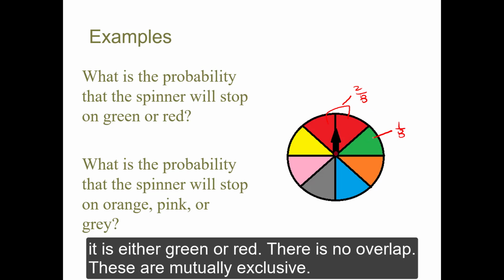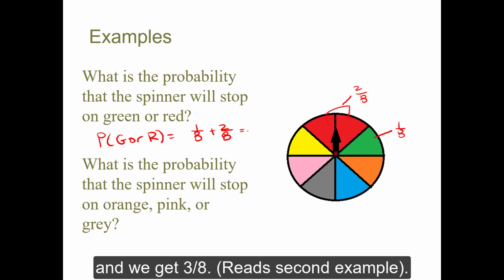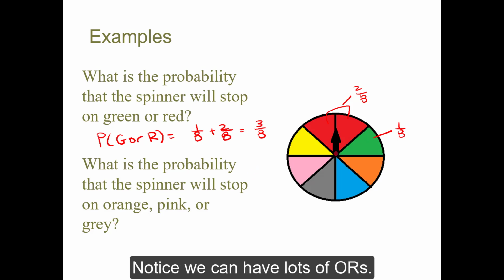Notice that it's either green or it's red, right? It's not going to be an overlap. So these are mutually exclusive. So or means to add. We're going to take 1/8 and add 2/8, and we get 3/8. Great. What is the probability that the spinner will stop on orange, pink, or gray?